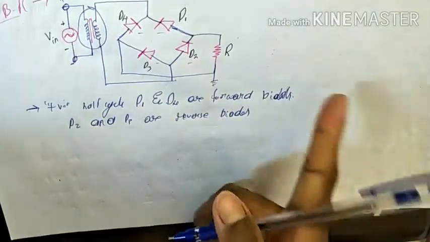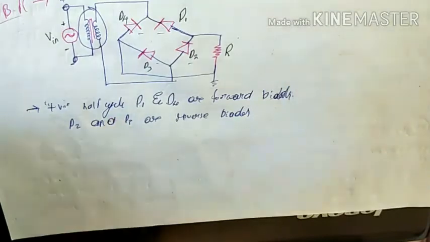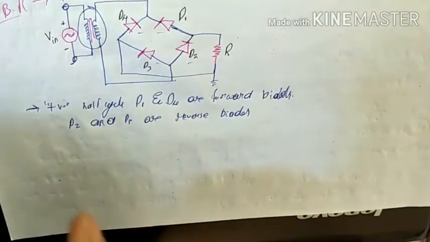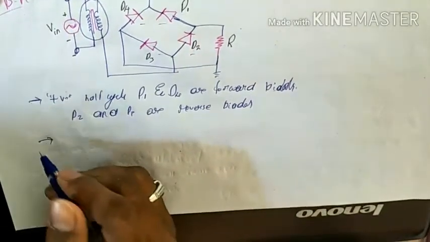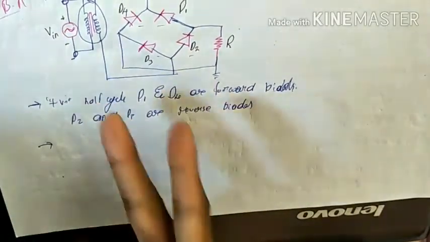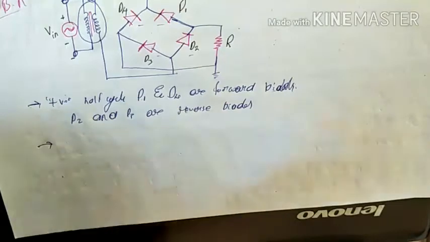See, in the full wave rectifier only two diodes: D1 is forward biased and D2 is reverse biased. Alternatively, in this there are two diodes forward biased and two diodes reverse biased.